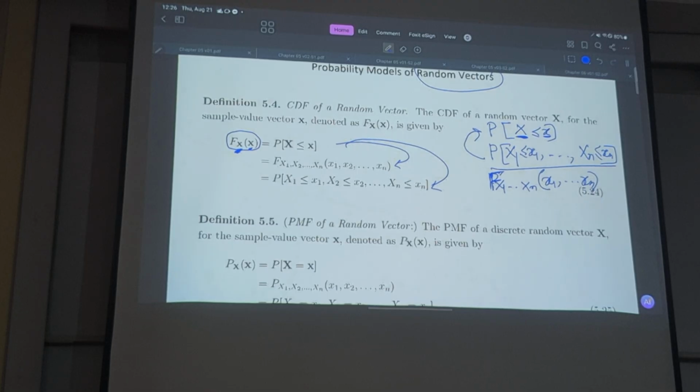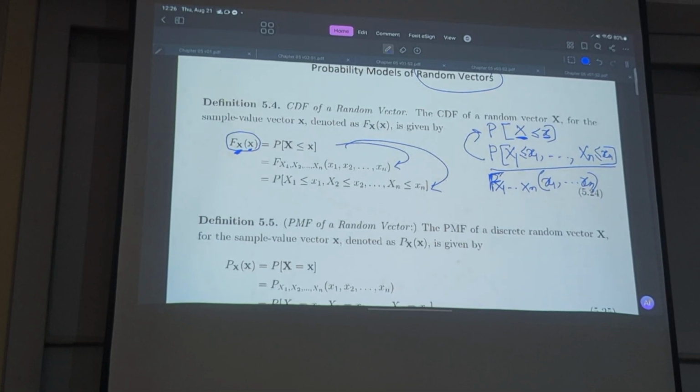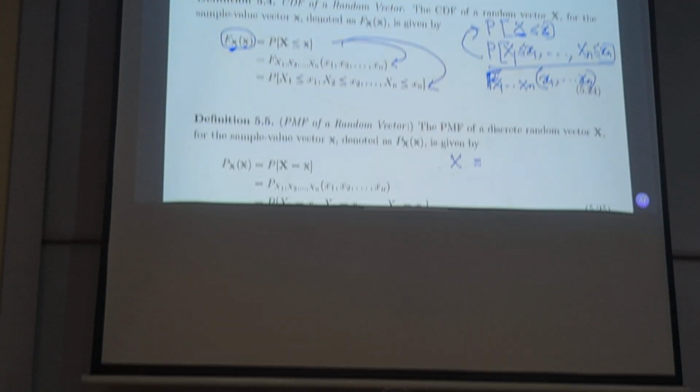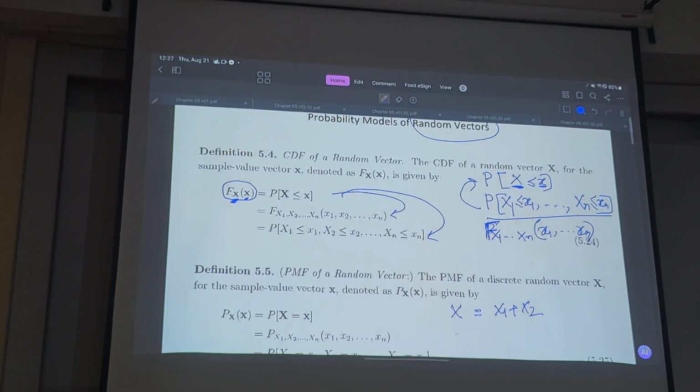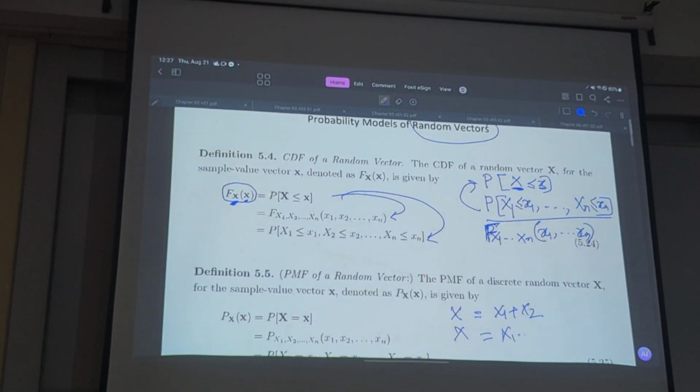Whenever you call it a function, then for this vector, you need to define whether X is X1 plus X2 or X is X1 minus X2. We are not providing such a relationship here, right? Here we are saying that X is a collection of random variables and the probability of X represents the multivariate joint probability of all random variables, right?